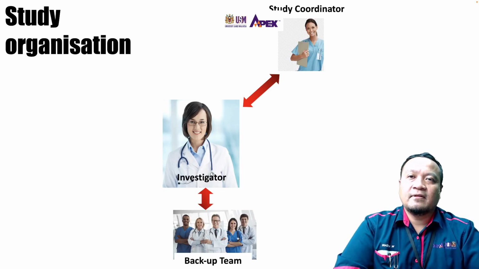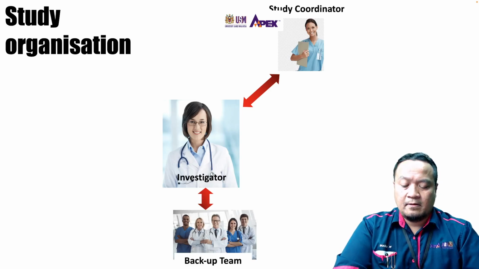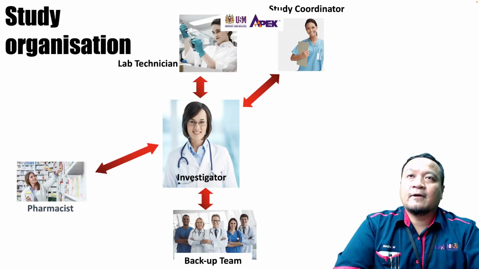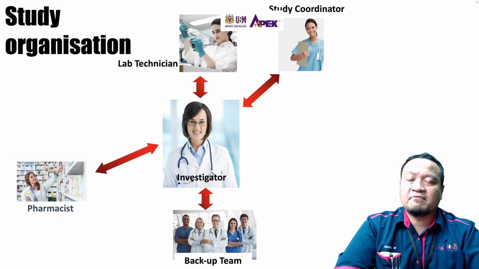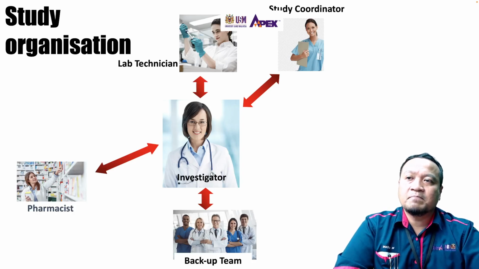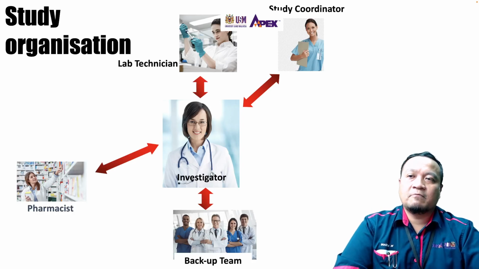The investigator must have a team: co-investigators, research officers, study coordinators. Study organization should also have pharmacists, a pharmacy to dispense the study medication, and lab technicians to conduct the investigation aspects of the trial.